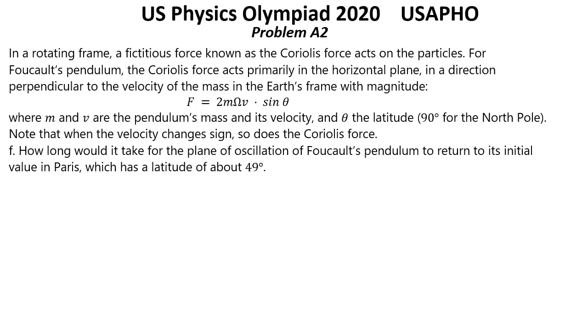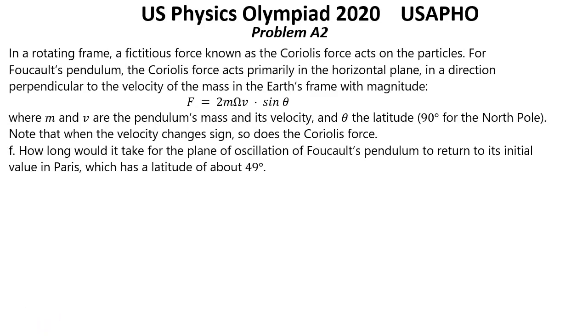Question F. How long would it take for the plane of oscillation of Foucault's pendulum to return to its initial value in Paris, which has a latitude of about 49 degrees? Solution.